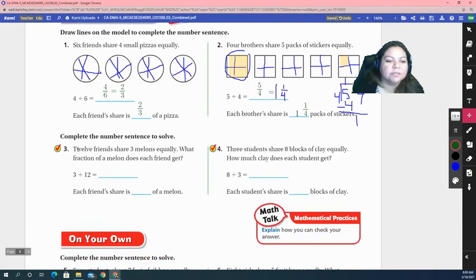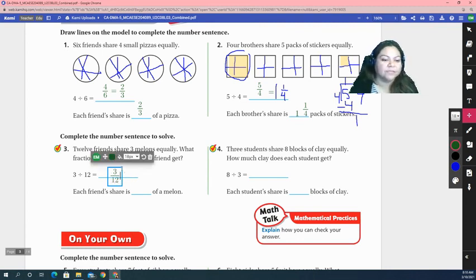Okay, let's look at number 3. This is our last one. We have 12 friends share 3 melons equally. So what fraction of a melon does each friend get? Now you don't have to draw the model or a picture. I know that 3 divided by 12 can be rewritten by putting the dividend in the numerator, and the 12, the divisor, in the denominator.